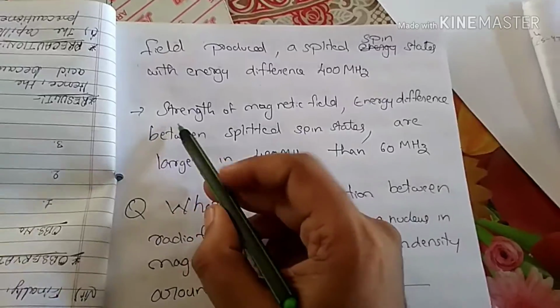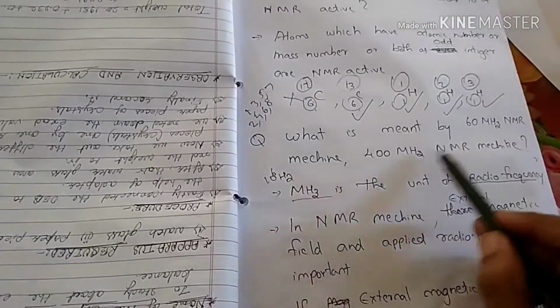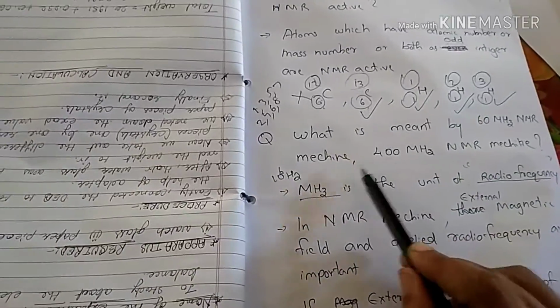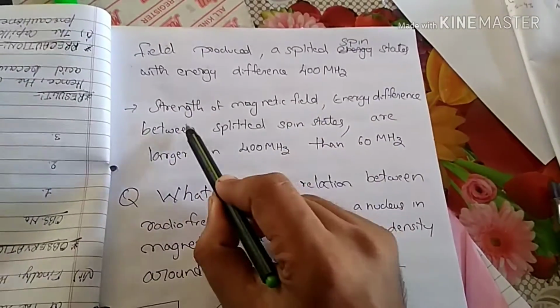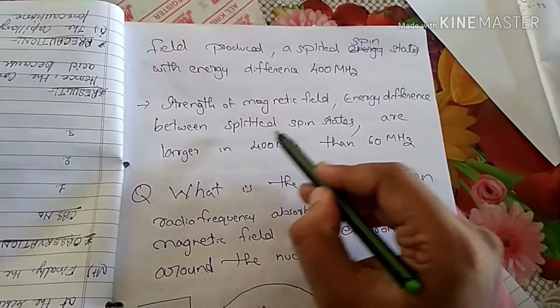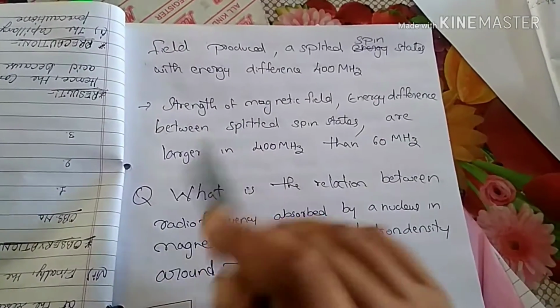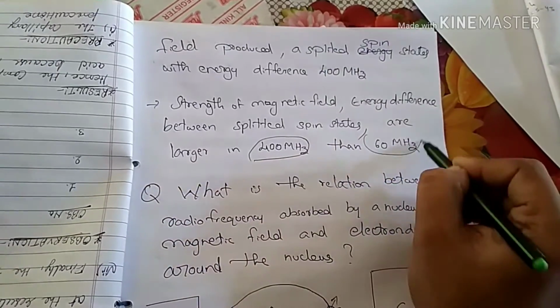So the conclusion: the question was, what is meant by a 60 megahertz NMR machine and a 400 megahertz NMR machine? The conclusion is that the strength of the magnetic field and the energy difference between the split spin states are larger in 400 megahertz compared to 60 megahertz.